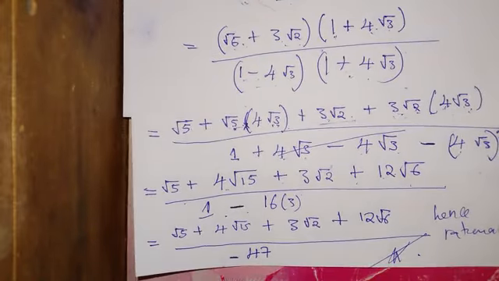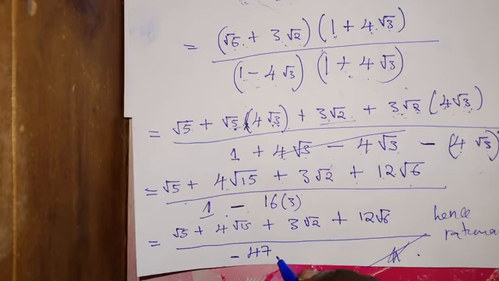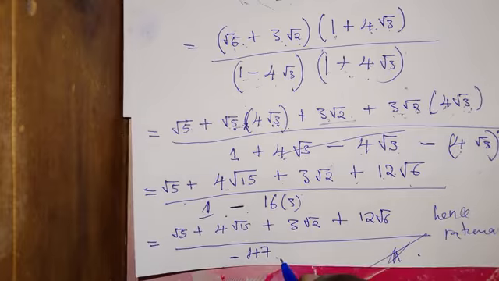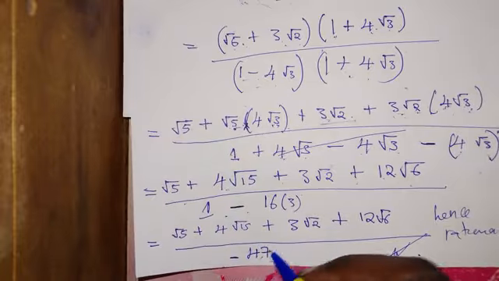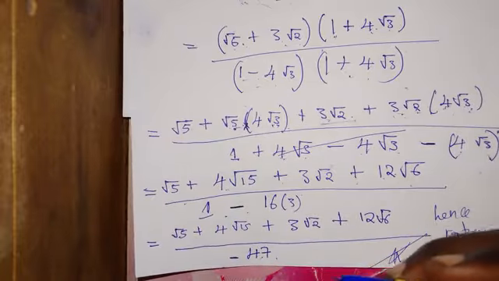So, what was our aim? Our aim was to make sure that the denominator is free from radicals. We were basically looking at the denominators, and we multiplied by the conjugate of the denominator.